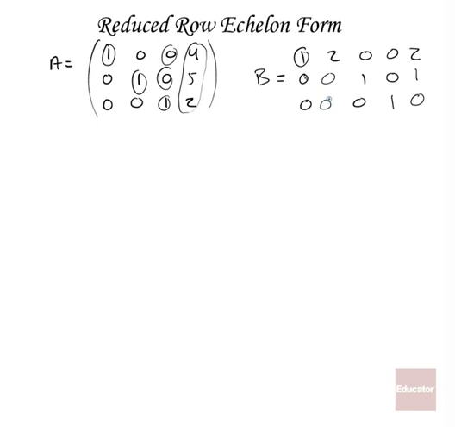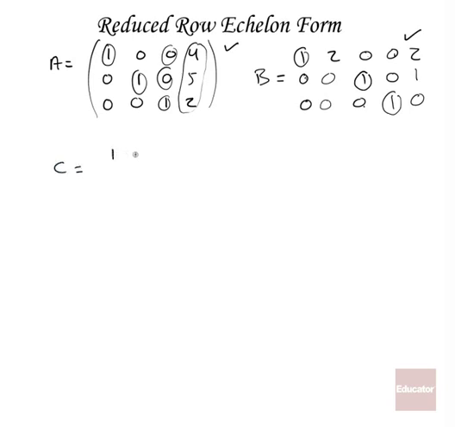We haven't run across the leading entry yet, so it's okay that this 2 is here. It has nothing to do with the definition. But now we run across the leading entry, a 1, 0, 0. It qualifies. It's to the right of this one. The next row has a 1, 0, 0, and it's to the right of the other two. So this one is in reduced row echelon form.